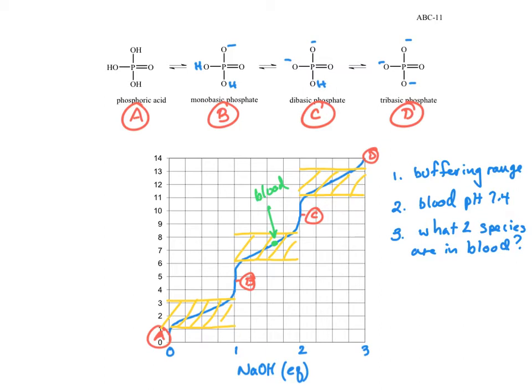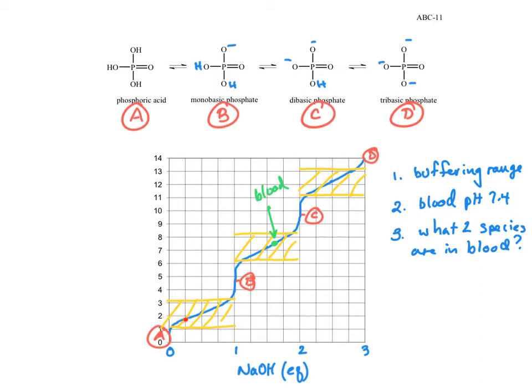Now here's a tough question. What 2 species are in the blood? And I might add this. Are they equal in concentration, or is one more prevalent than the other? Now the answer is as follows. As we go through this titration, we start on the left.